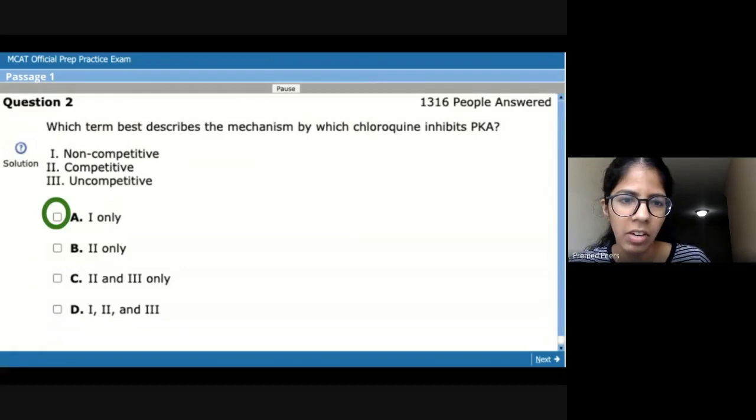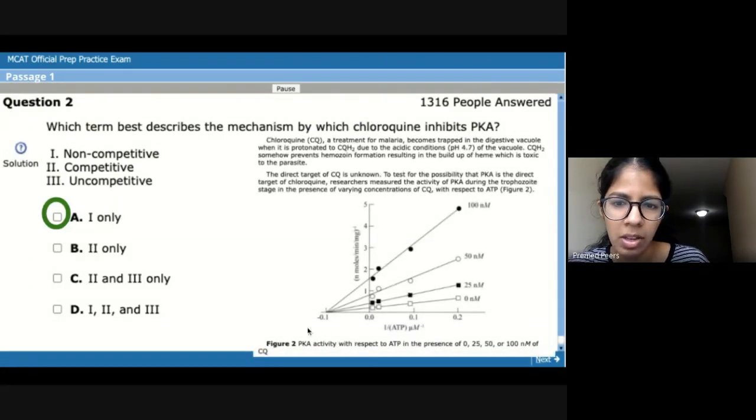Yeah, so this is a very fundamental topic to know. So you should know that this is the graph that you're looking at. So when you have 0 nanomolar, that's your enzyme activity for the substrate when there's no inhibitor. And then as you add more and more inhibitor, your Vmax is getting lowered, and then your Km isn't changing, which is an indicator of non-competitive inhibition.